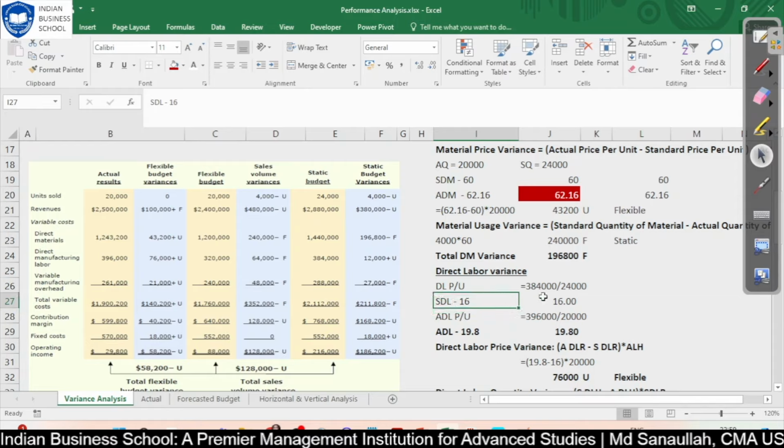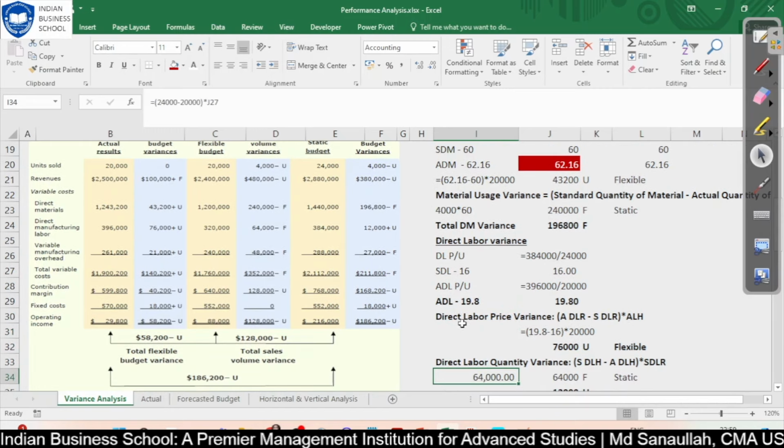So this is our standard direct labor rate, and how we have actually consumed direct labor will be based on the actual amount divided by actual quantity. You will get the actual direct labor rate per hour. Now we will check the variance.